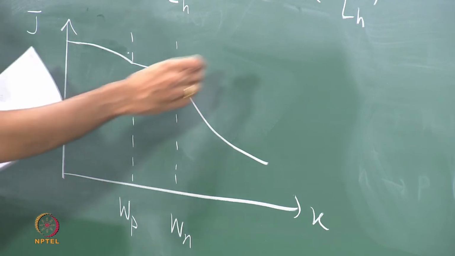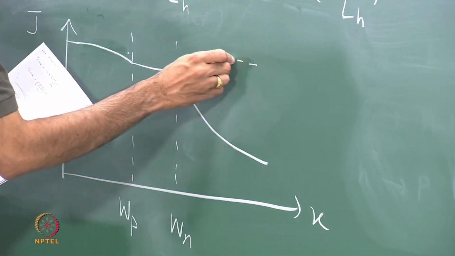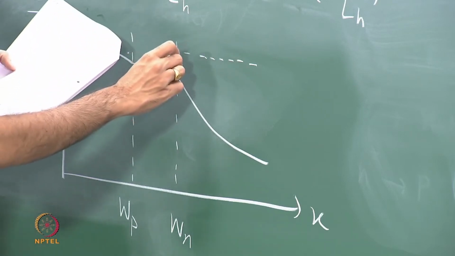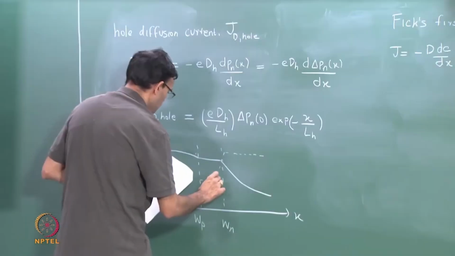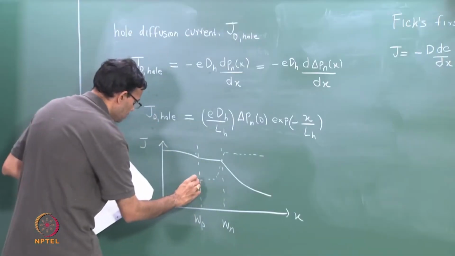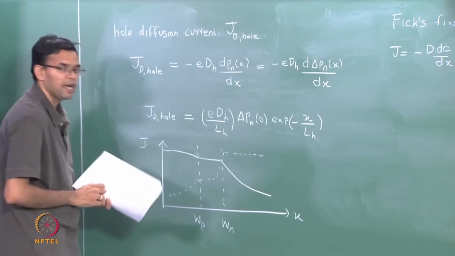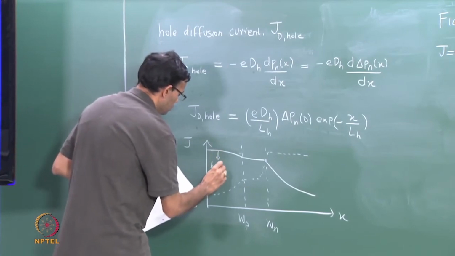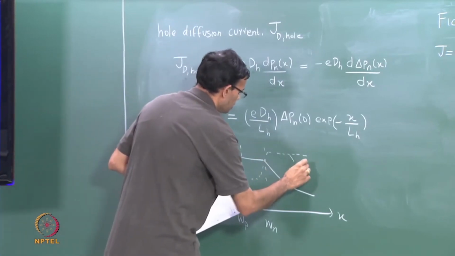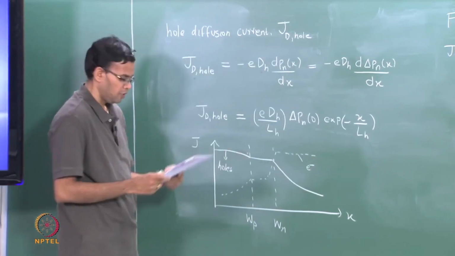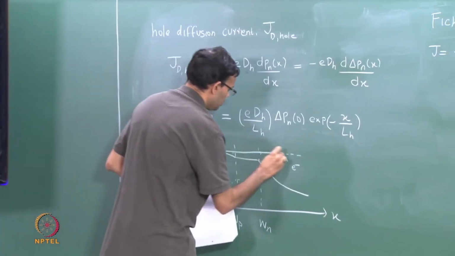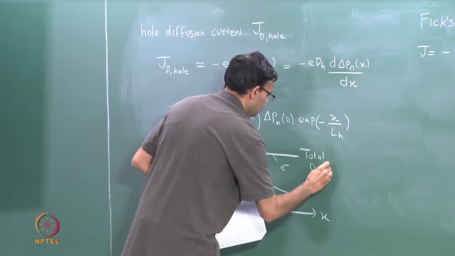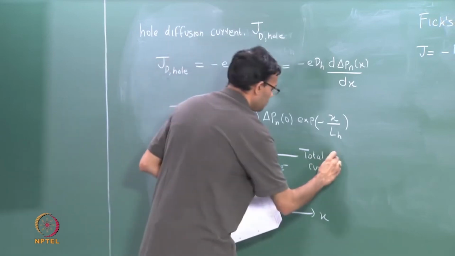Same way for electrons, you have electrons are majority carriers on the N side, then it starts to drop, and then finally it becomes a minority carrier on the p side. So these are your holes, these are the electrons. But if you add both of them to get the total current, it is a constant.